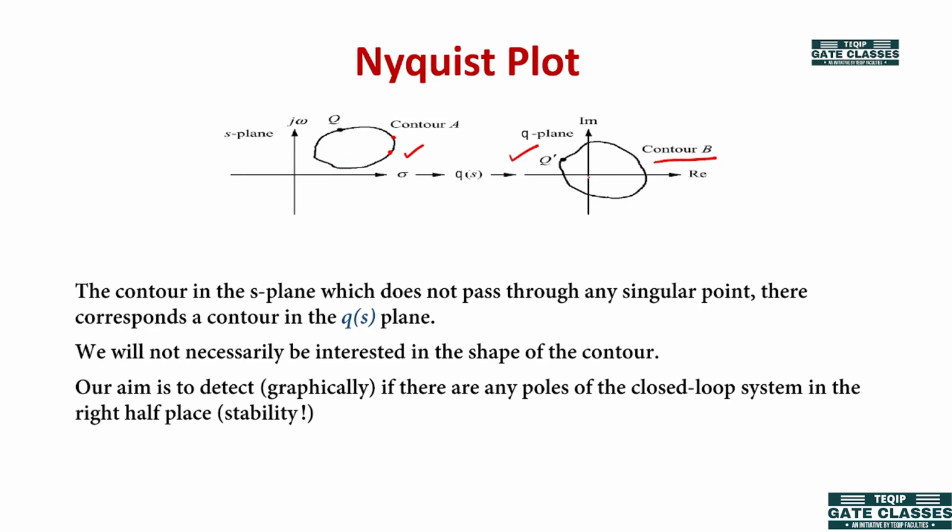How do we check the Nyquist criterion? We check the total number of encirclements. So what is an encirclement?